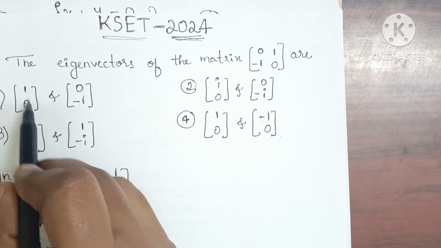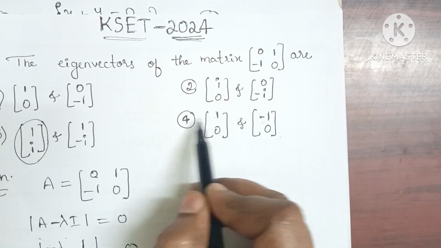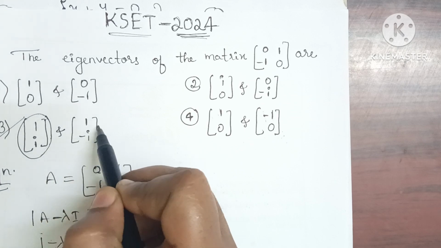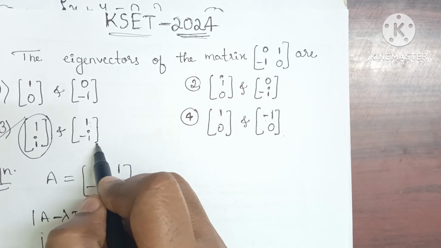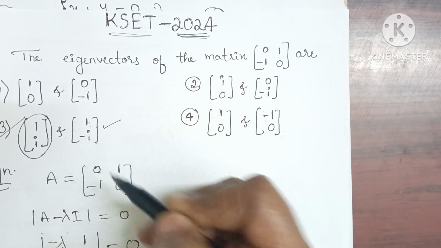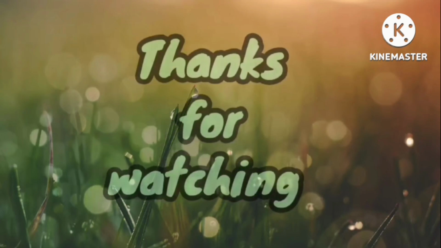But as you see in the options, the first eigenvector is present in the third option and nowhere else. So definitely the third option will be correct, and the second eigenvector will be 1 and minus I. By using the same procedure, you can find the second one also. Thank you.